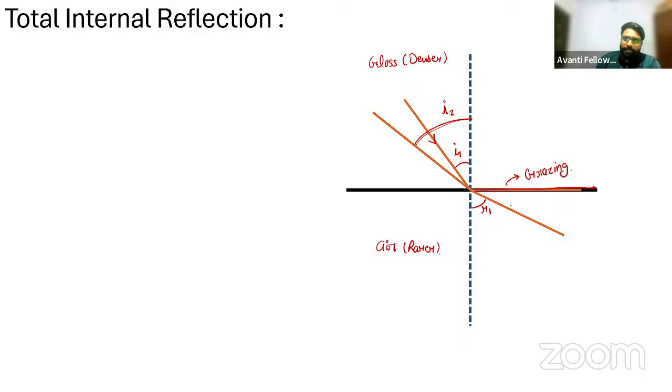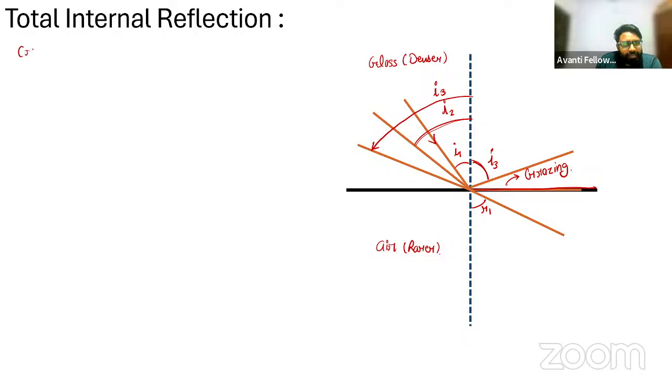Okay. If you increase the incident angle beyond this limit, then you will find that no part of the ray goes into the rarer medium; all of it is reflected with the same angle. Now, what is the critical angle here?